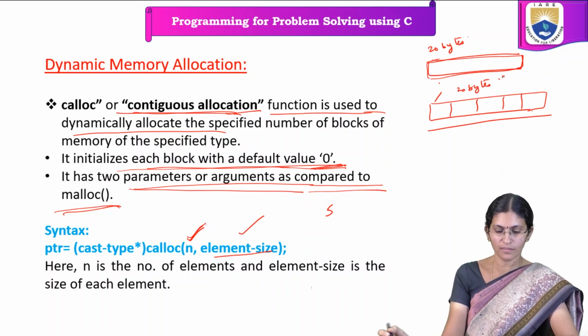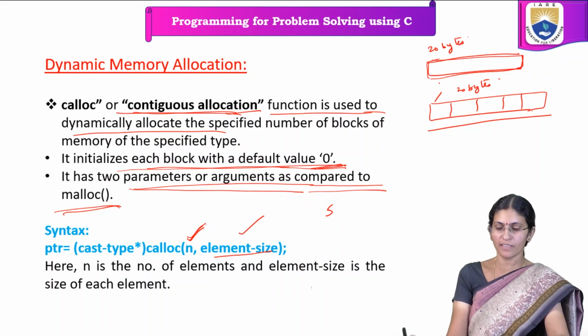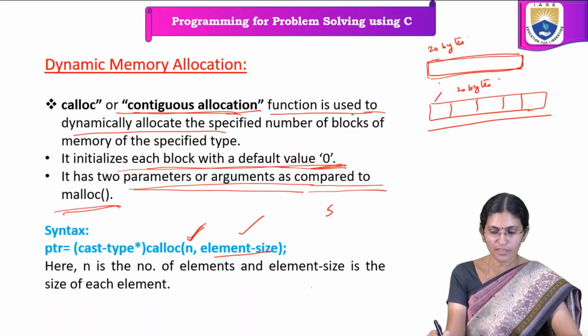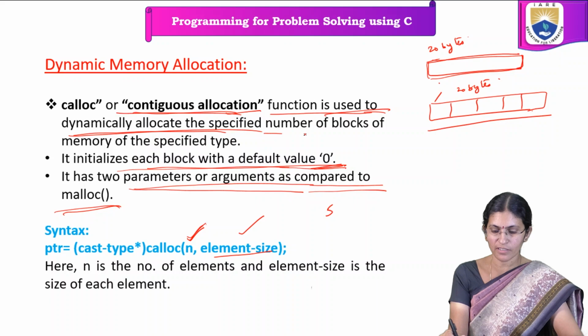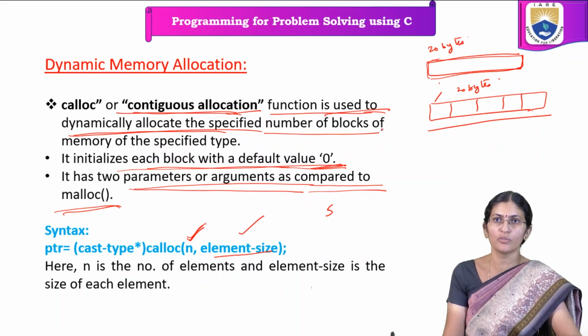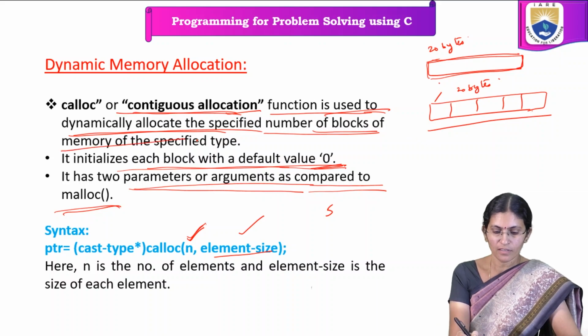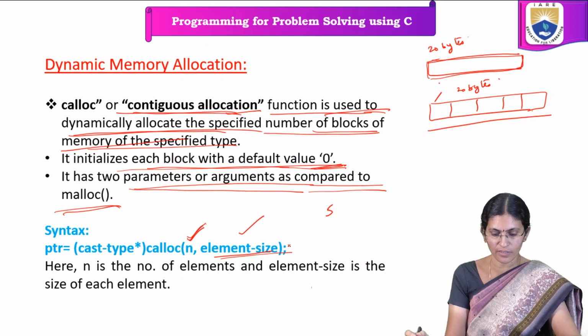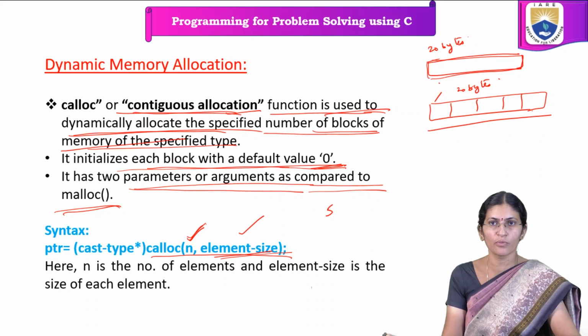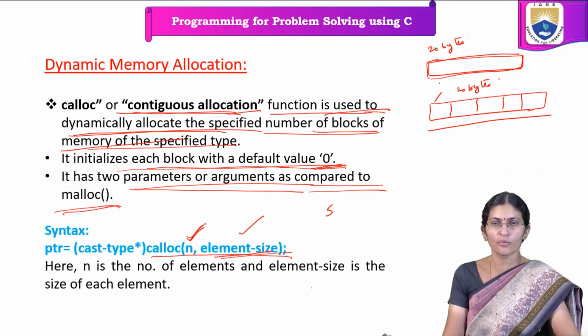In this way, calloc also allocates 20 bytes, but this function is used to dynamically allocate the specified number of blocks. The user has to specify the number of blocks, and also the block size. The syntax for this: calloc also returns a void pointer, in order to store the address, similar to malloc.